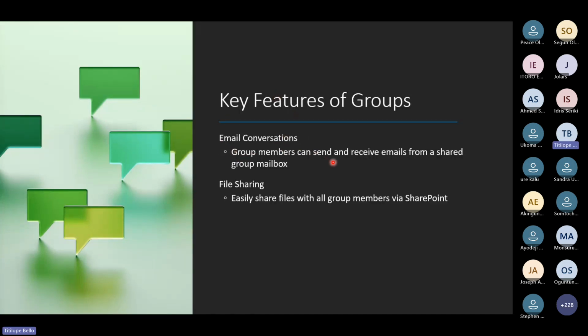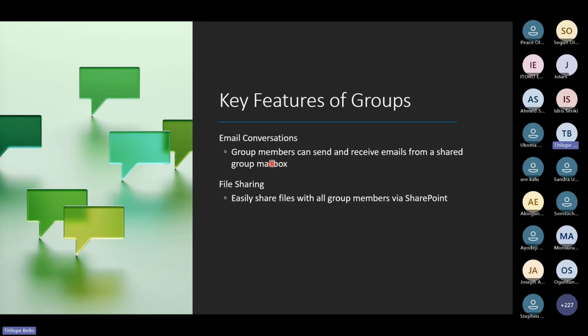Group members can send and receive emails from a shared group mailbox, or people outside of the group can send email to a security group and a distribution group, and also to an Office 365 or Microsoft 365 group.